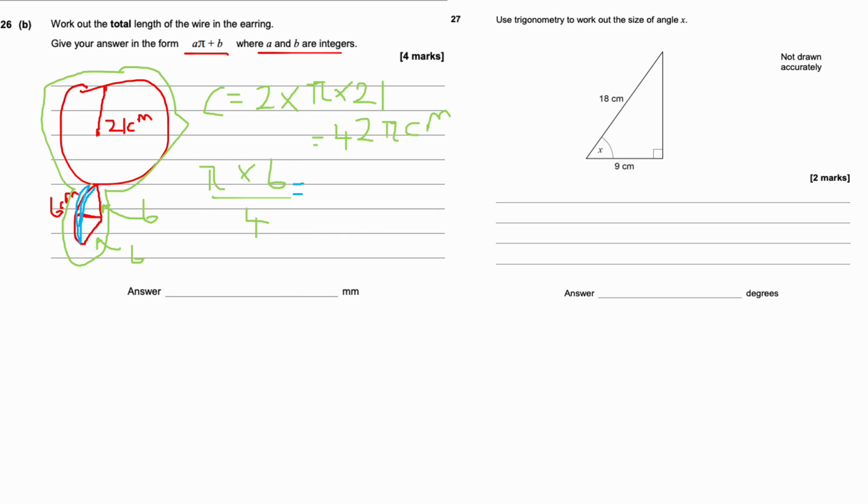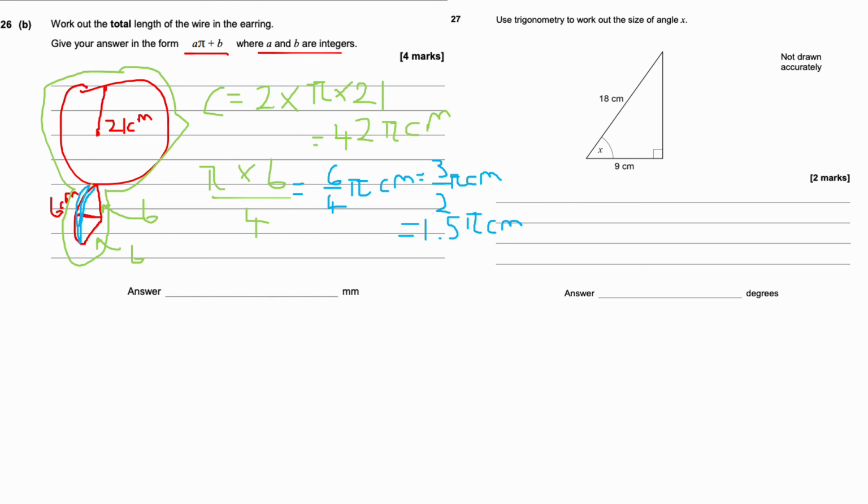So I'm going to have 6 over 4 pi centimeters, which I'm going to simplify to make it a bit easier. That's going to be 3/2 pi centimeters, or it can be 1.5, either way is fine. I'll put it here as 1.5 pi centimeters.